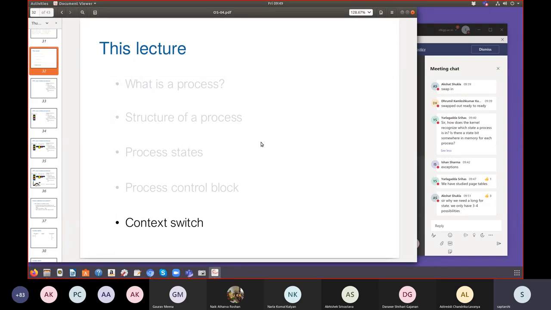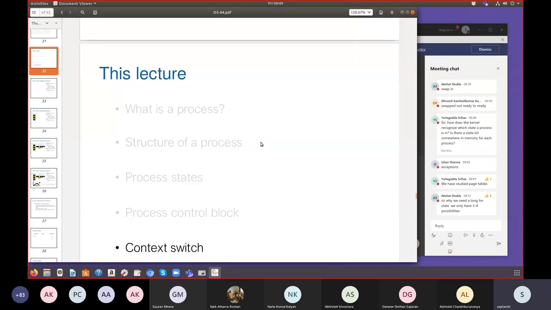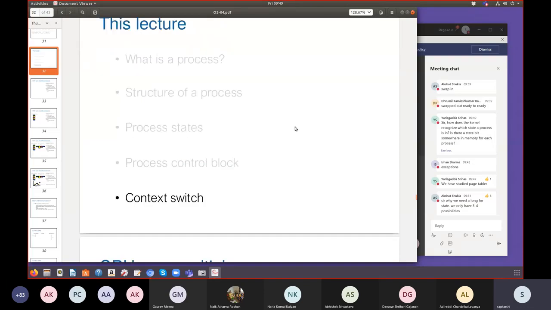Right, so true, maybe but short should have been enough. So why is there a long, that I don't know. But yeah, I hope you realize the fact that there should be some entry which should tell the kernel which state a process is in, and the kernel should be able to change that state as and when events happen, etc. Okay, any other questions?